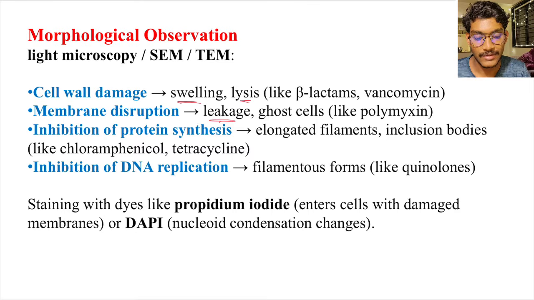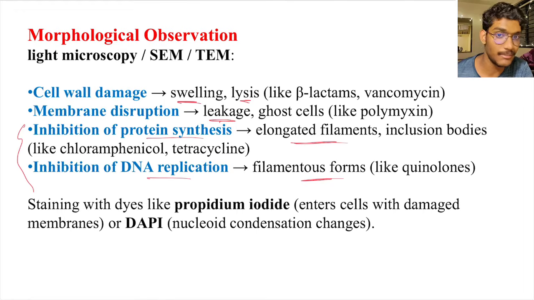But if there is no such leakage, but there is elongation of filaments, appearance of filamentous forms, then maybe the drug is targeting the protein synthesis pathway or DNA replication pathway. Because if the protein synthesis or DNA replication pathways are inhibited, the cells will not die immediately because the membranes are still intact, but the cell division will be arrested because there are certain important proteins like FtsZ which are important in cell division.